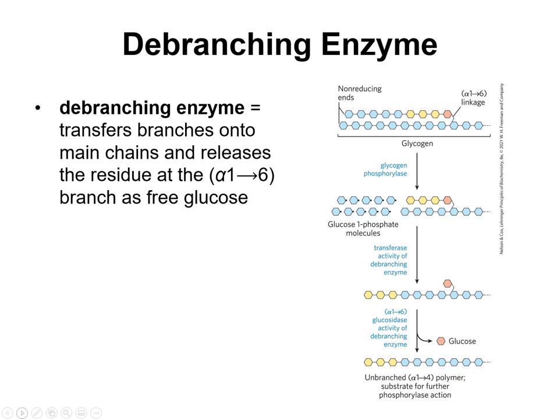So first you use the glycogen phosphorylase, chew until you get to a place where you're really close to that linkage, that branching point. Then the transferase activity of the debranching enzyme comes in and says, don't worry, I'll save the day. And then it creates a longer chain for the glycogen phosphorylase to eventually come back in.